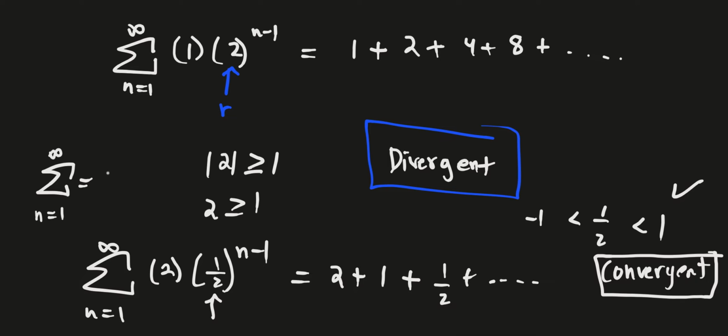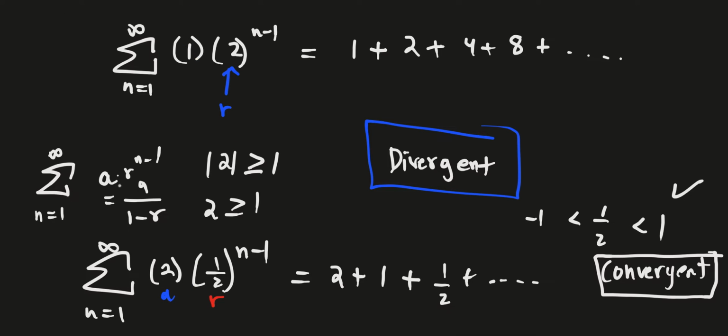is equal to a divided by 1 minus r, the equation that we wrote on the previous screen. Your a here is 2, and this is your r.